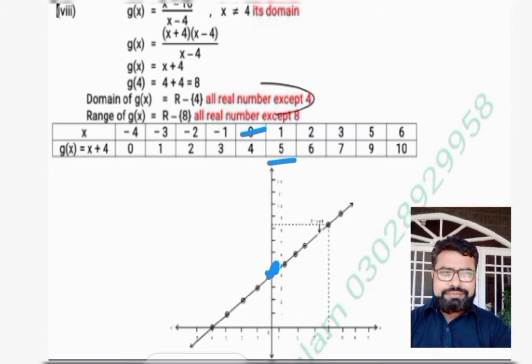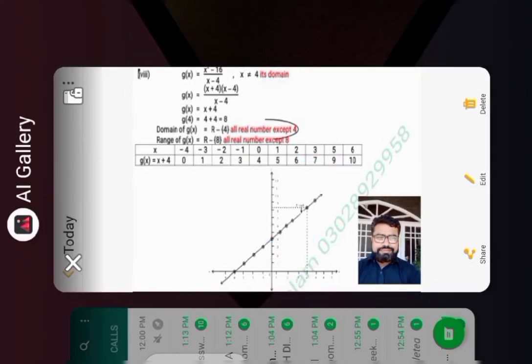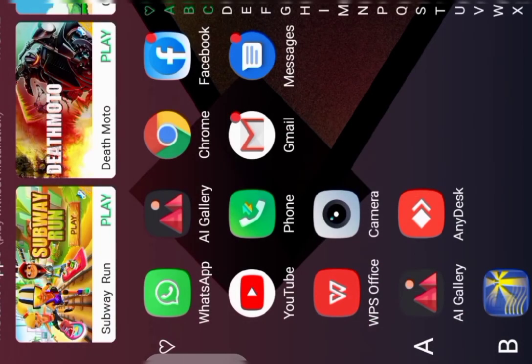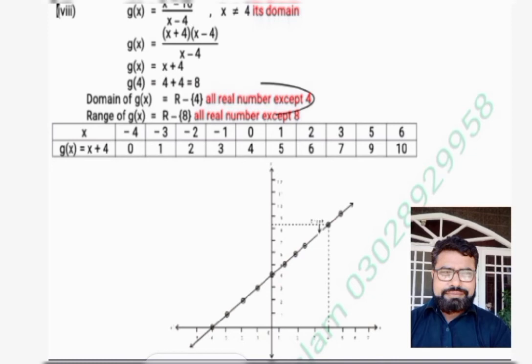At 1 there is 5, the value of y is 5 and the value of x is 1, so we have plotted a point here. The value of x is 2 and the value of y is 6, so we have plotted a point here. The value of x is 3 and the value of y is 7, so the value of x is 3 here and the value of y is 7 here, so we plotted a point here.